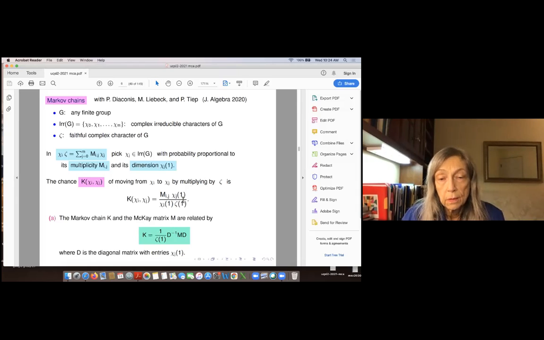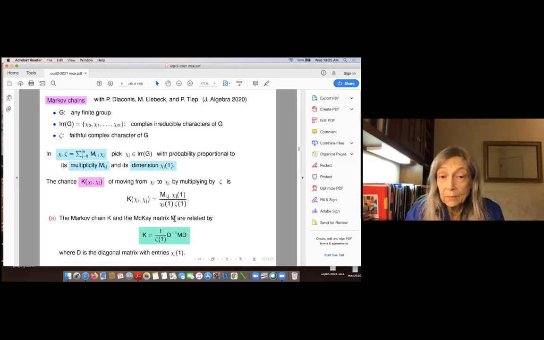So here, the MD is this top part. When I look at it coordinate-wise, the D inverse is giving me the term down below, because I have a diagonal matrix with the χ's on the diagonal, and when I take its inverse, they become inverses.